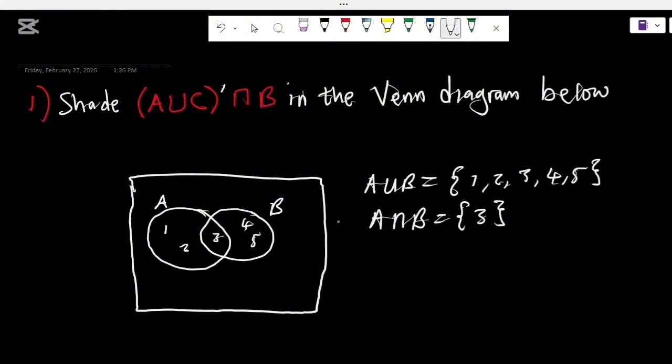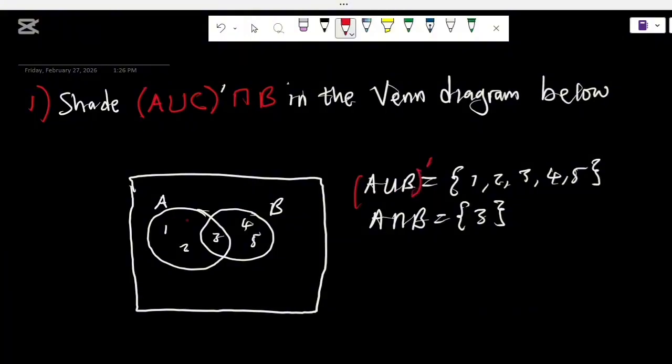So if they say shade A intersection B, it's very easy. You just have to come up with numbers like this, then you make a listing like this, and then this is 3, this is A intersection B. You can shade this region. If it is A union B, you can shade both sets like that, right? But if it has to do with the complement, let's say you're talking about A union B complement.